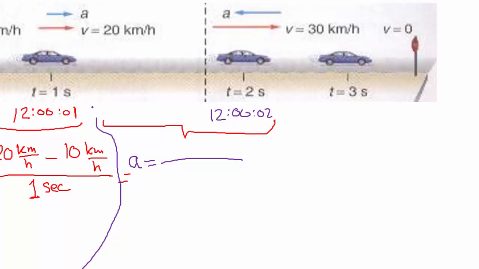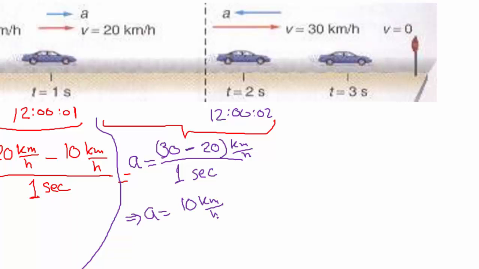We are talking about this time period here from 1 second past 12 to 2 seconds past 12. The final velocity is 30 and the initial velocity is 20, and those are in kilometers per hour, divided by the time taken. The time taken to go from 20 to 30 is the difference between 1 second past 12 and 2 seconds past 12, or 1 second to 2 seconds, which is 1 second. And this will yield also 10 kilometers per hour per second.